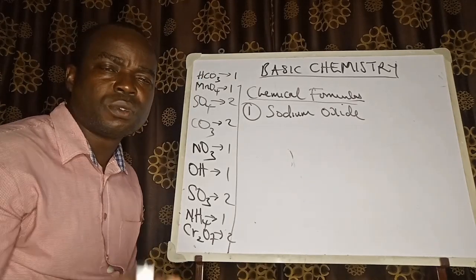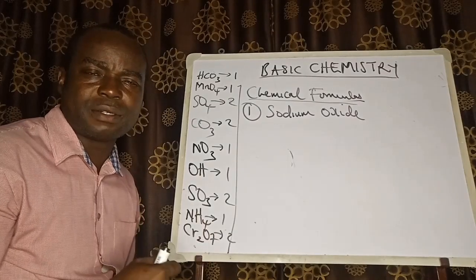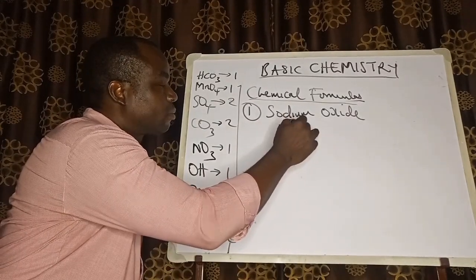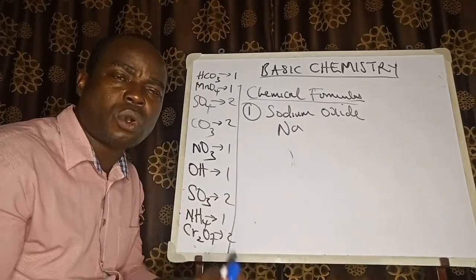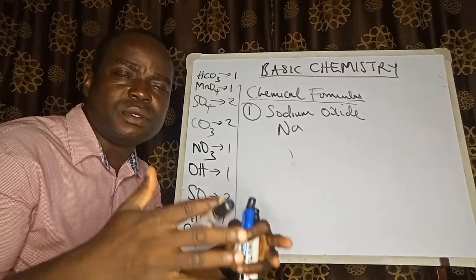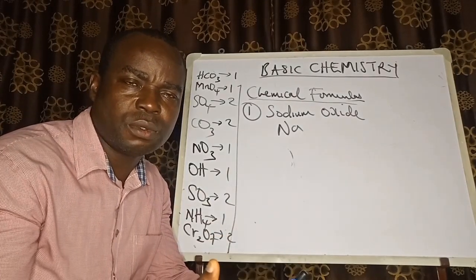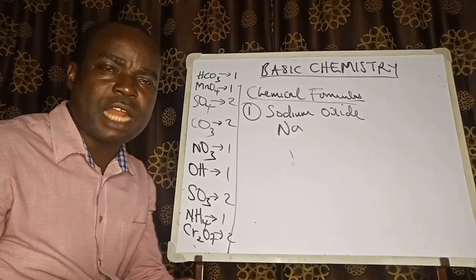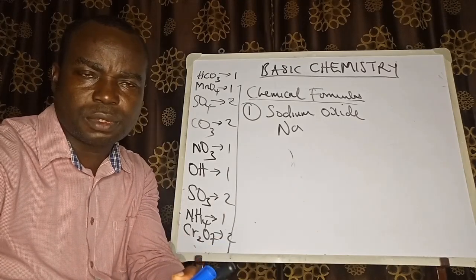What do you do? First, write down the symbols of the two combining atoms. Sodium is Na. Now, what is oxide? Oxide is from oxygen. So when you hear oxide, it is oxygen in the ionic form.